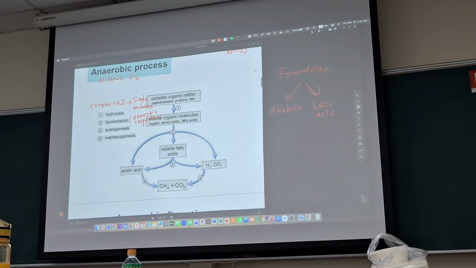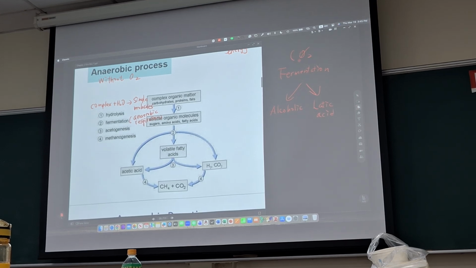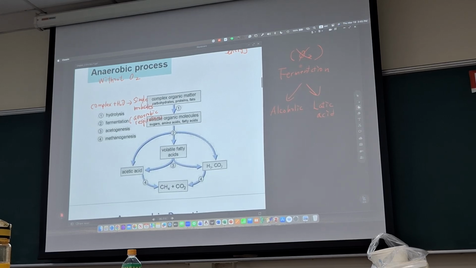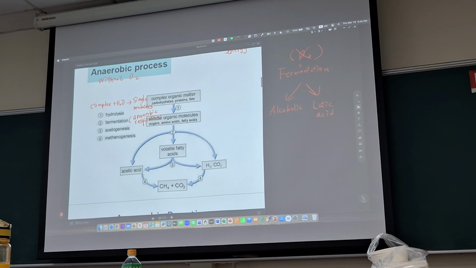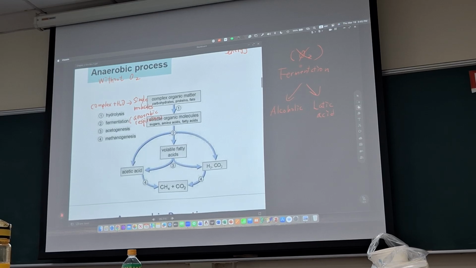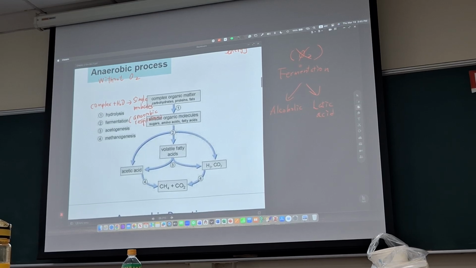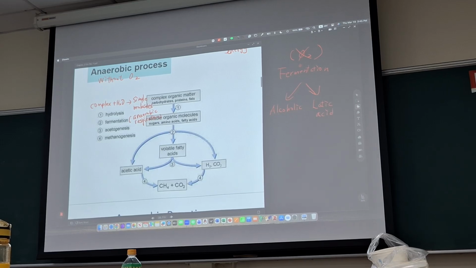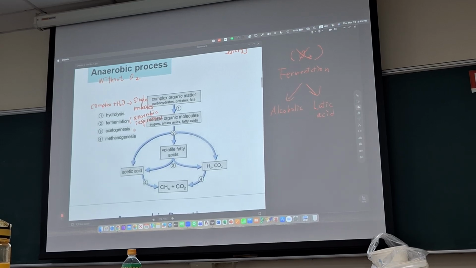Fermentation doesn't need oxygen. So some people regard fermentation as anaerobic respiration. Acetogenesis will produce acetate.